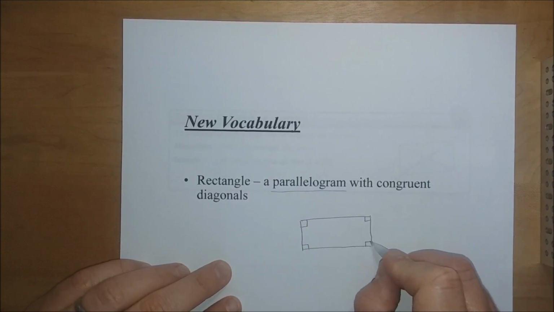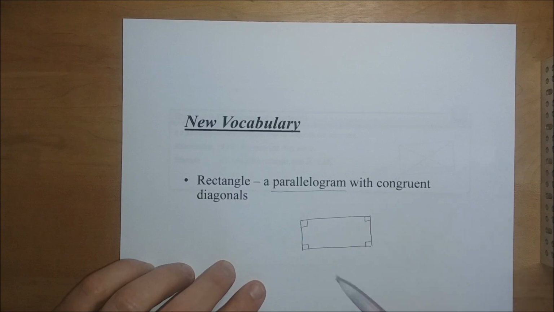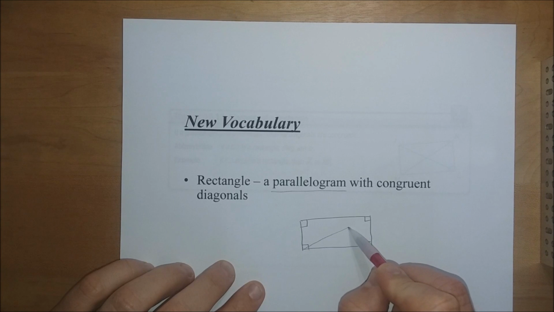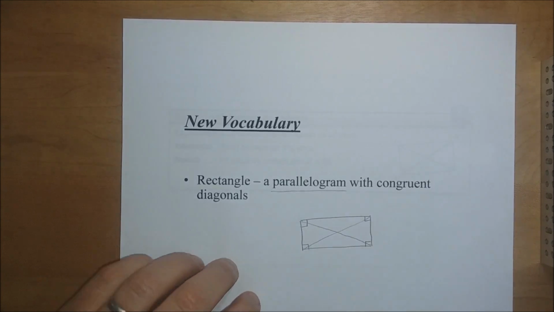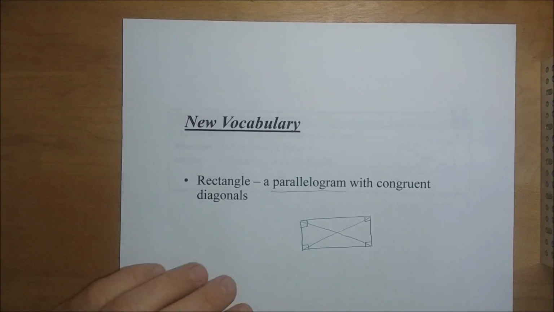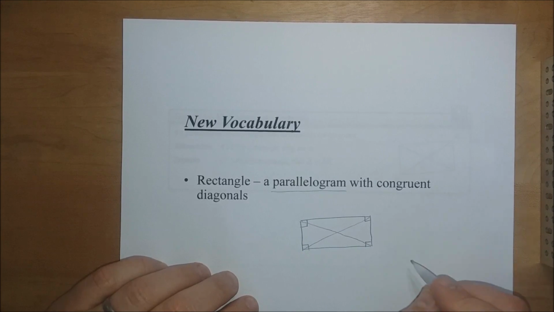It turns out it's only at the point when you push your parallelogram into shape, where it gets 4 right angles, that the diagonals happen to be congruent to one another. And this is actually a process that is used in building construction all the time.